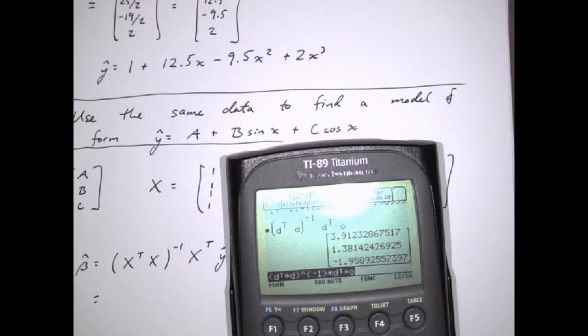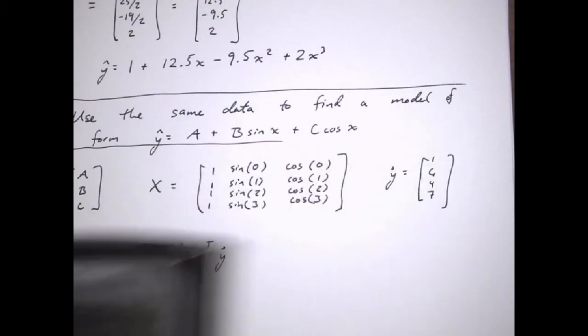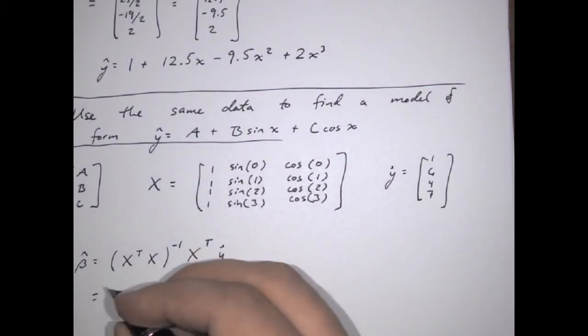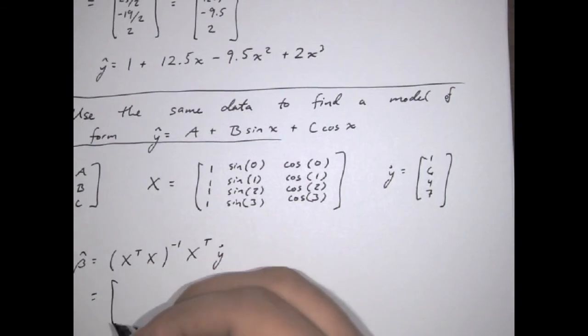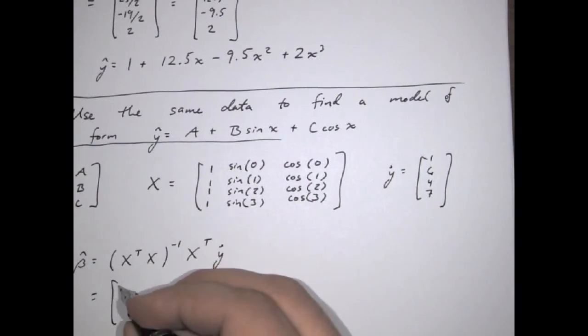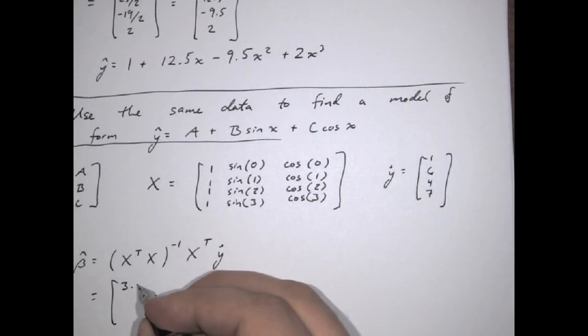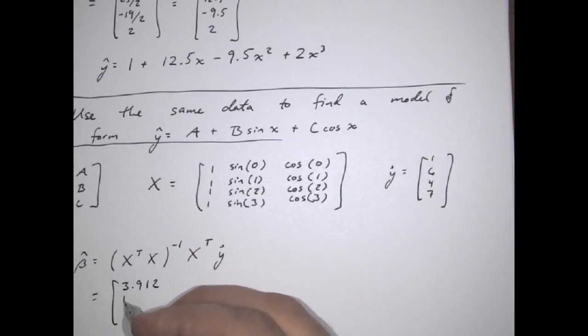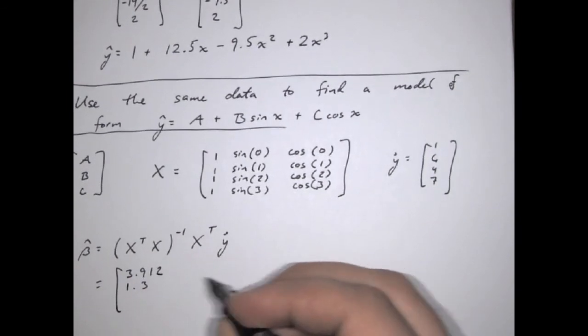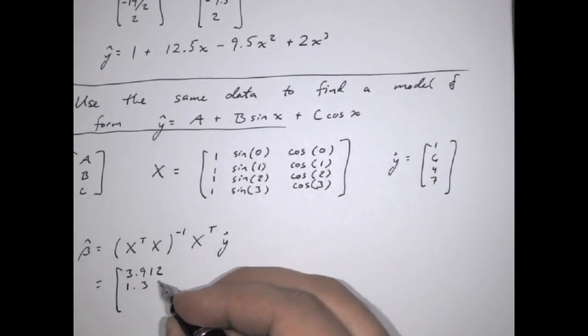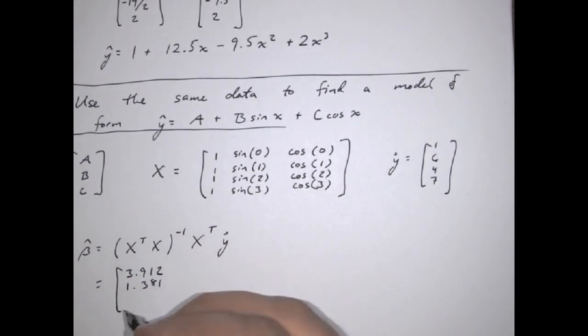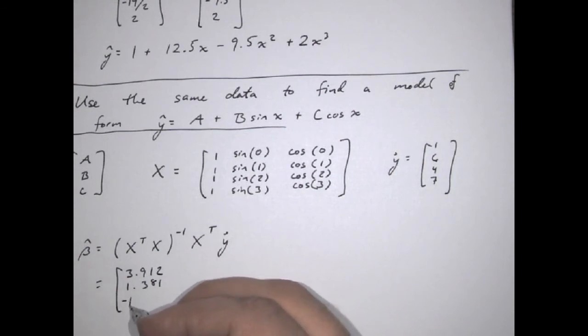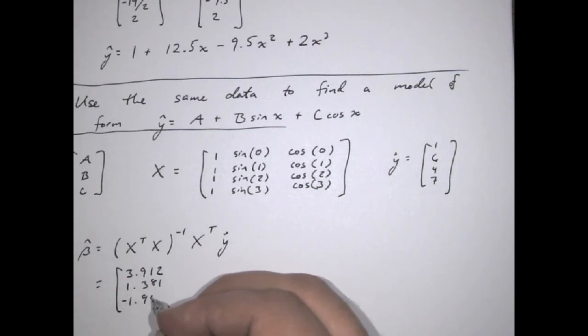So then what we get is this, which we'll just round, say round it to 3 decimal places will be fine. So we'll get 3.912, 1.381, and then negative 1.959.